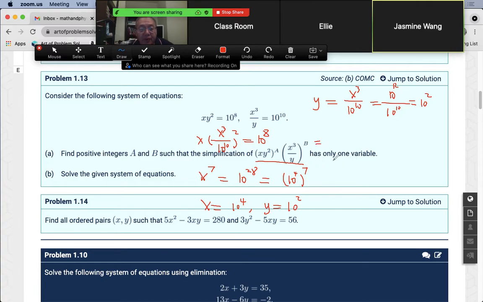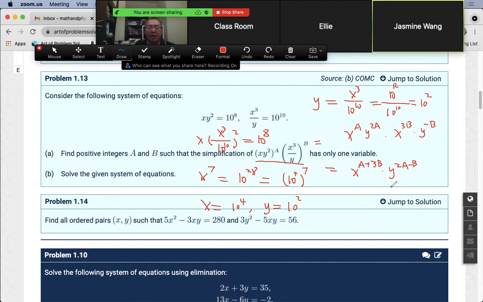When we simplify this, we can get x power a times y power 2a, then times x power 3b, y power negative b. So therefore, we can write this as x power a plus 3b, and times y power 2a minus b.